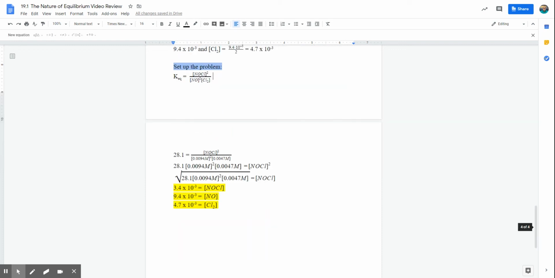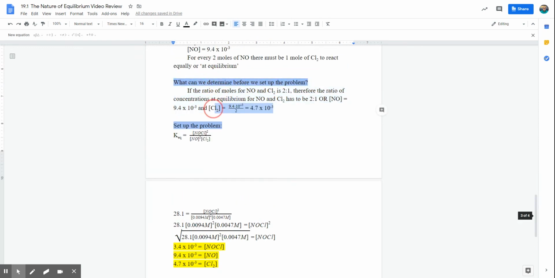So down here, I've kind of shown the breakdown of it. So 28.1, that was the given equilibrium constant. The concentration of nitrogen monoxide was given as 9.4 times 10 to the negative 3. I wrote it out as a decimal, and then you square that, multiplied by the concentration of chlorine, which I solved up here earlier.